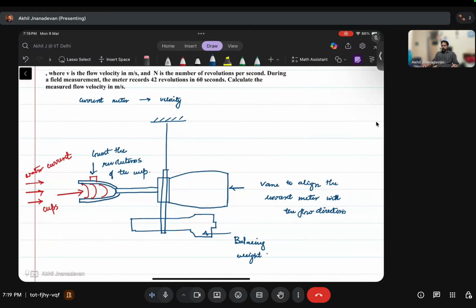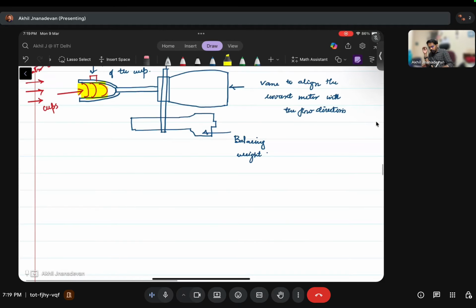Basically, we'll be measuring the number of rotations. There is a counting mechanism over here that measures the number of revolutions of these cups, and each current meter is calibrated with an equation, that is V = A + Bn, right?